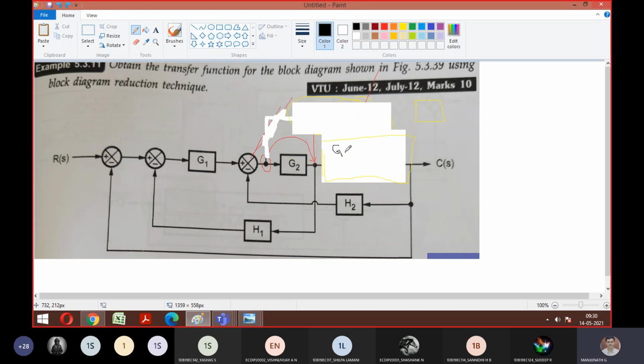So G3 is parallel with the series combination of those two, that is G4 divided by G2. So you can take LCM here, so that it will be easier for you further. So if you take LCM, what is the answer? G2 into G3 plus G4, divided by G2. Good. So this is your single block answer.